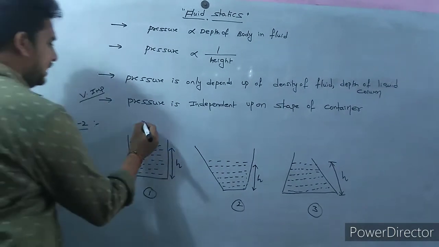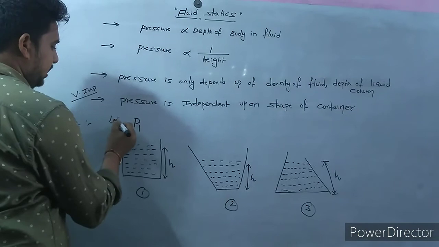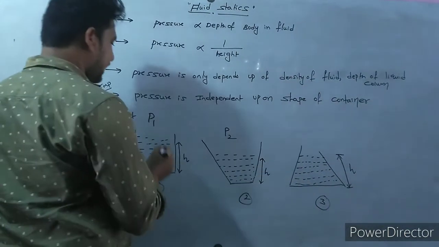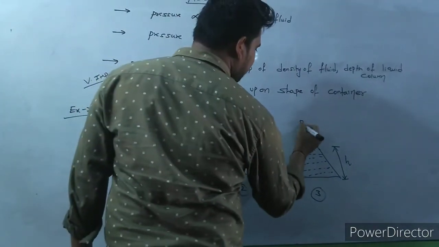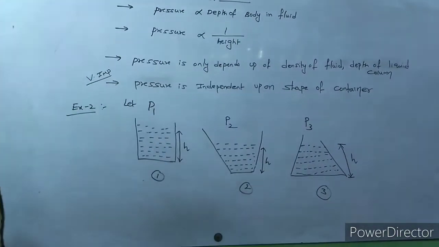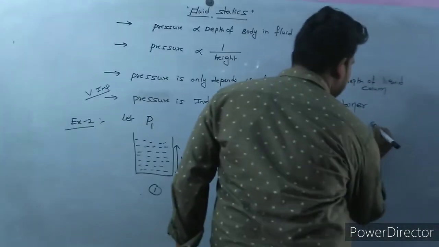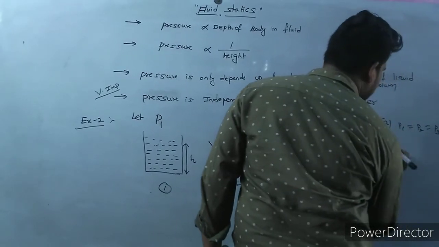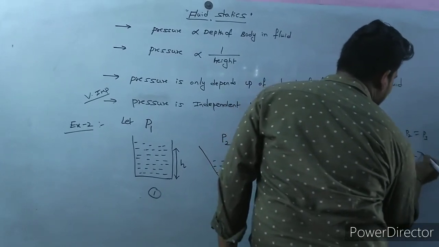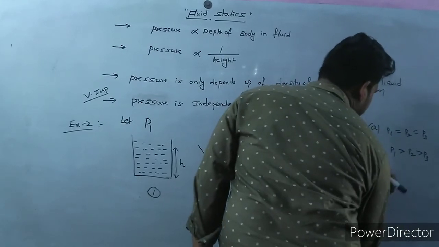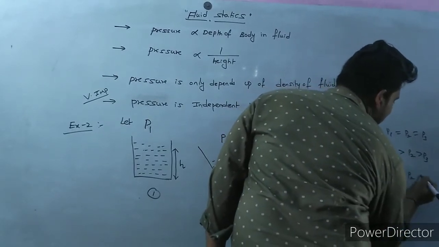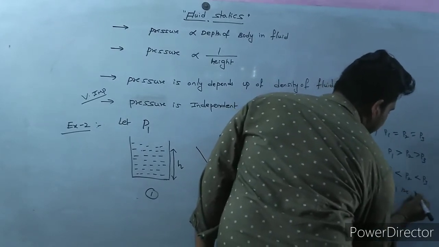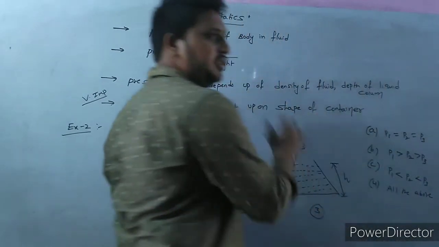Let the pressure at the bottom of the first container be P1, of the second container P2, and of the third container P3. Which is greater here? First option: P1 equals P2 equals P3. Second option: P1 greater than P2 greater than P3. Third option: P1 less than P2 less than P3. Fourth option: all the above.